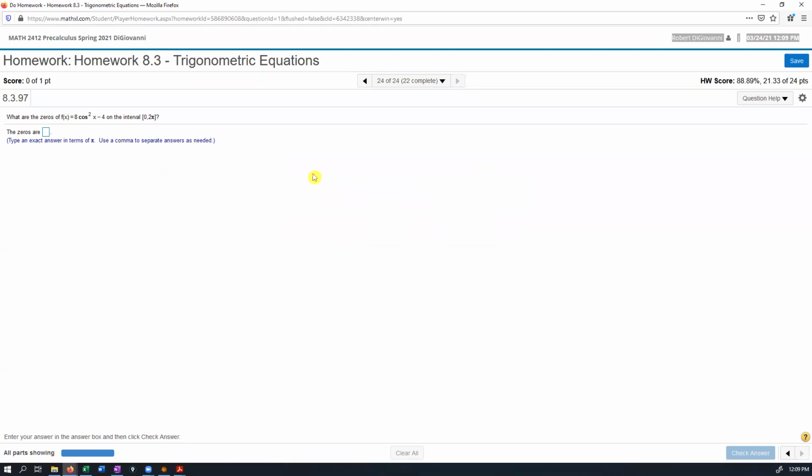Last one. Okay, what are the zeros of this function on the interval 0 to 2 pi? So they're saying take this function and find its zeros, so set it equal to 0. So we're just solving an equation. So cosine squared x, move the 4 over, 8 cosine squared x equals 4.